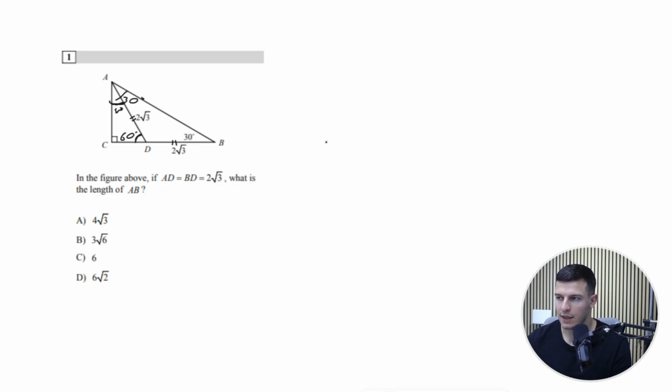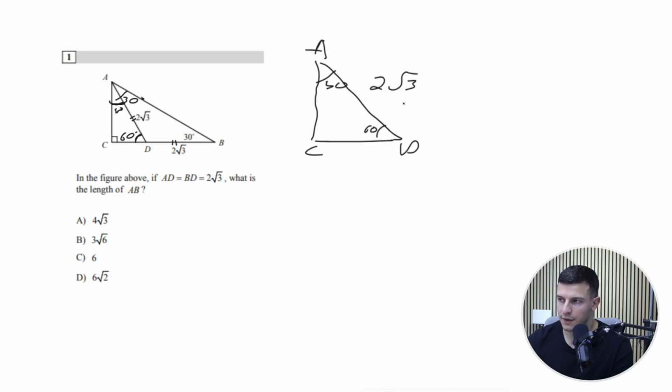Okay, so what are we dealing with here? We're dealing with this small triangle, ACD. This is 60, and this is 30. So we know this is 2 square root of 3.